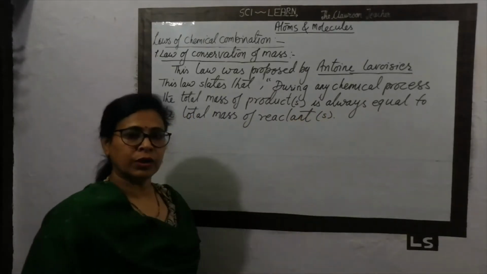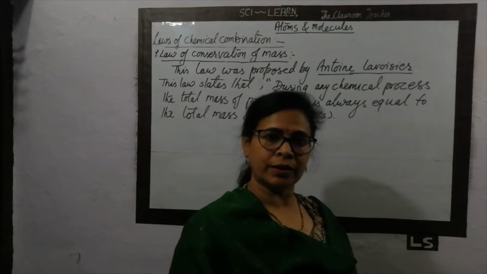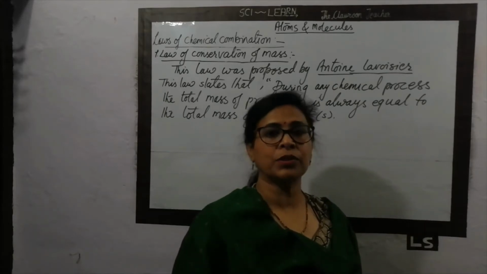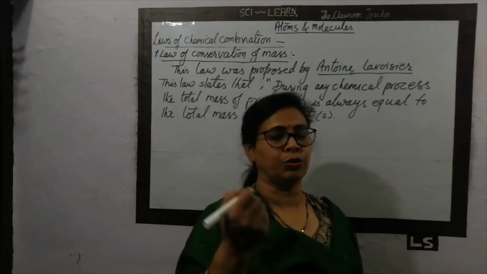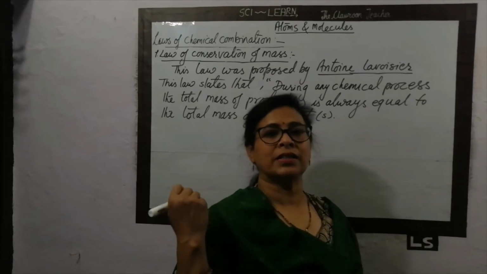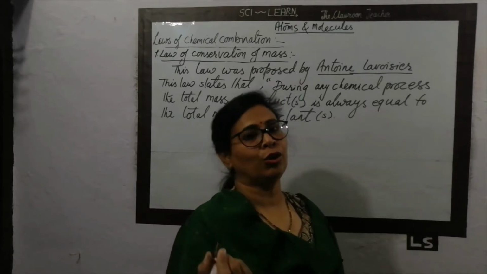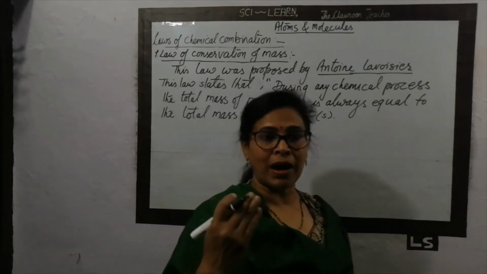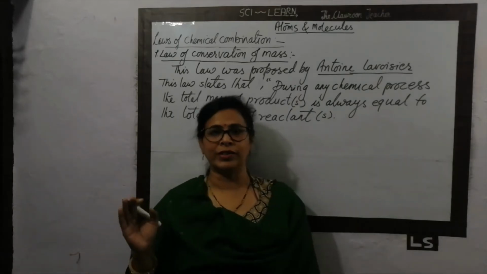Okay, so in other words, during a chemical process, during a chemical change, during a chemical reaction, mass can neither be created nor destroyed. The mass in both portions is always the same.